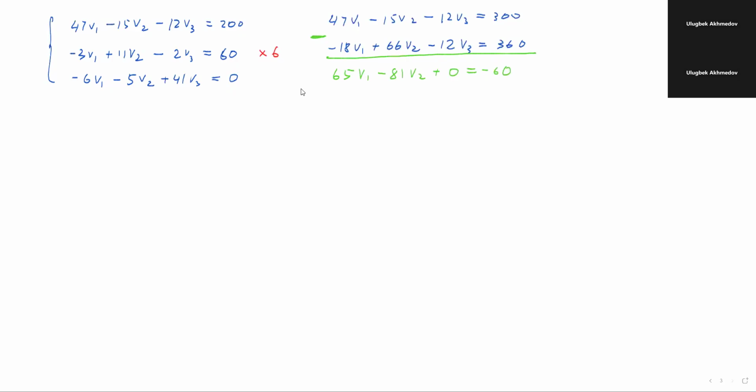Now we're going to take the third equation and multiply it by 3. Right down here. So the top equation is going to be the same as before.